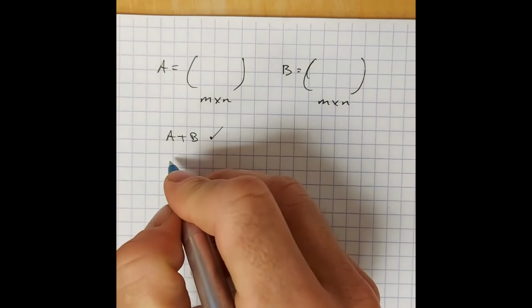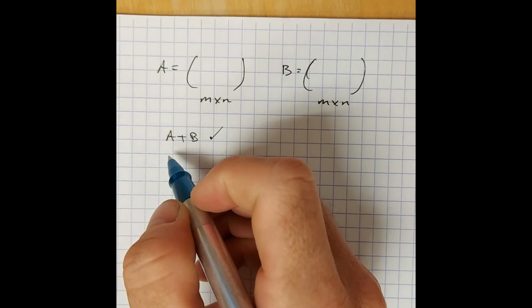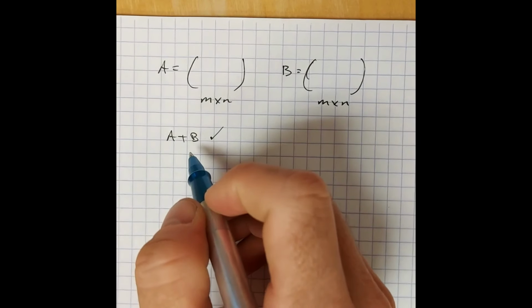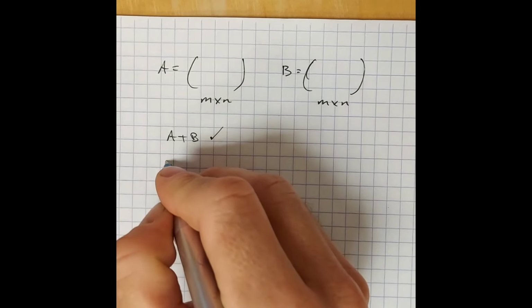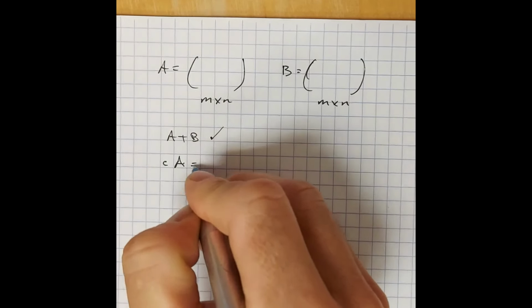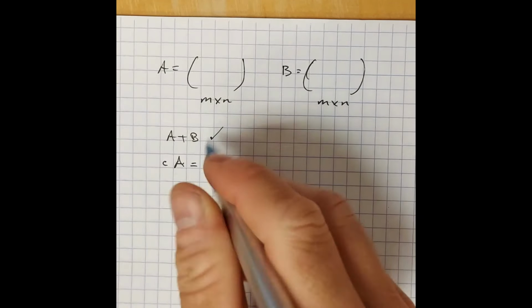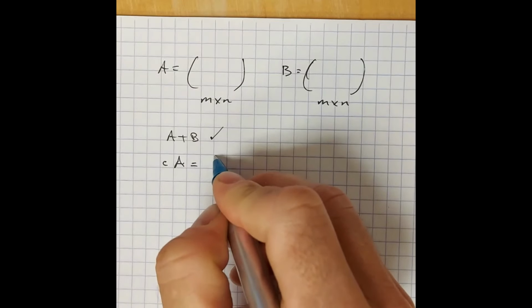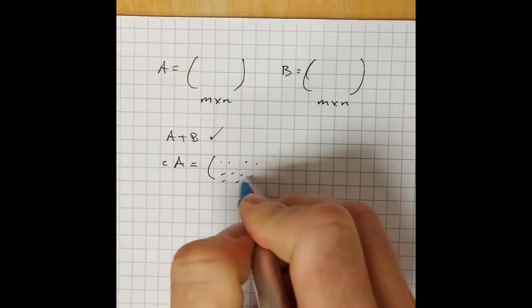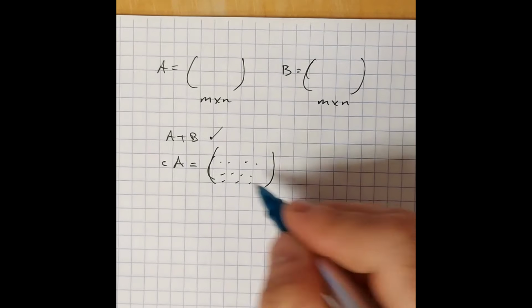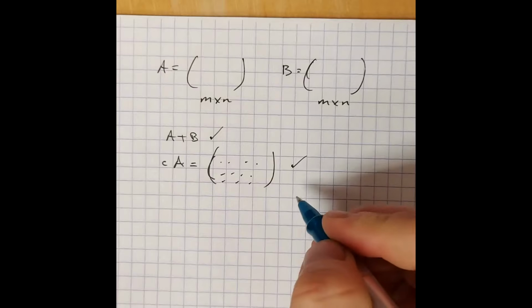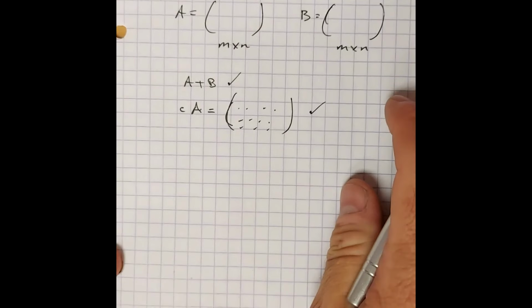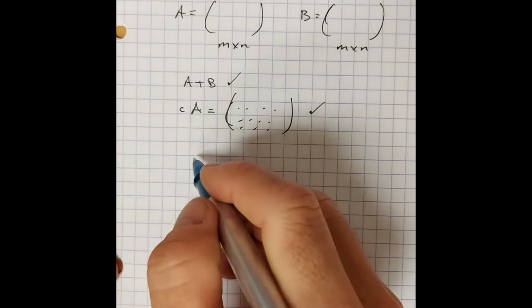Part B. Multiplying c times A is still a matrix where each of the elements gets multiplied by the value of c, which is still of the same size, so this also checks. It's still closed under scalar multiplication.